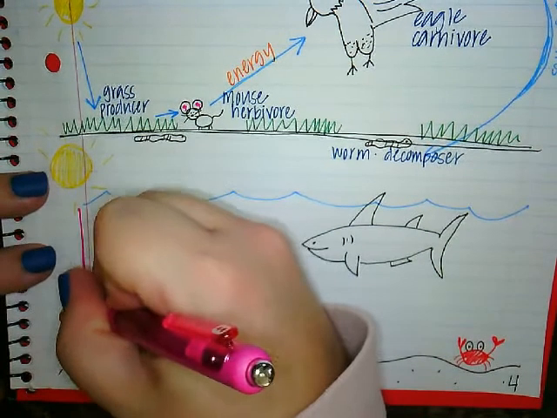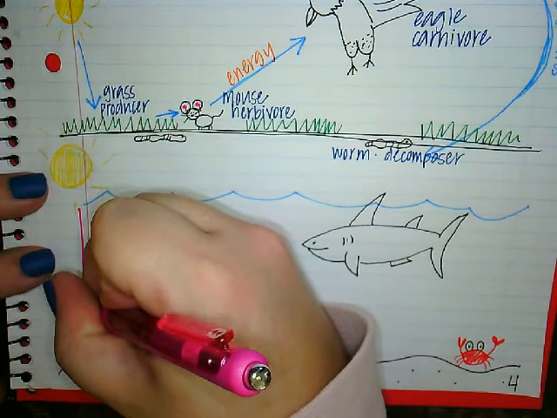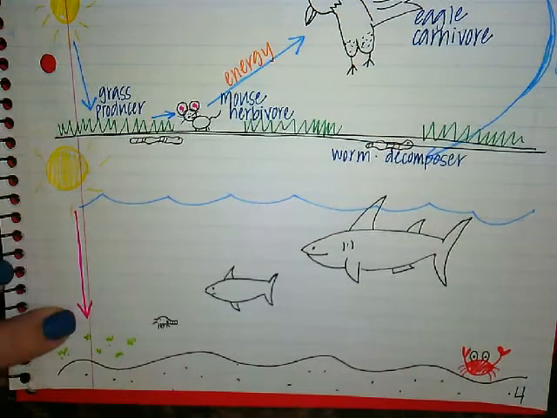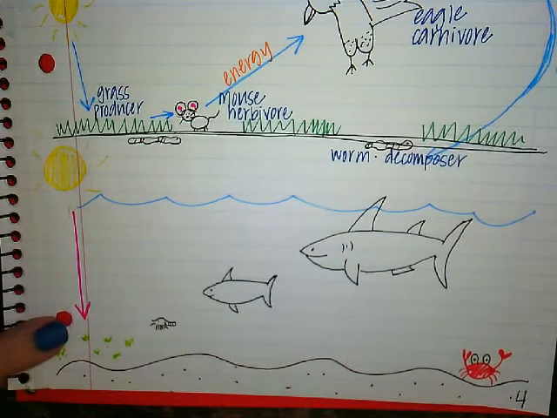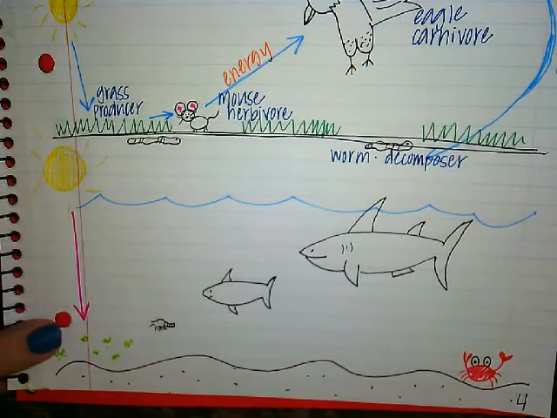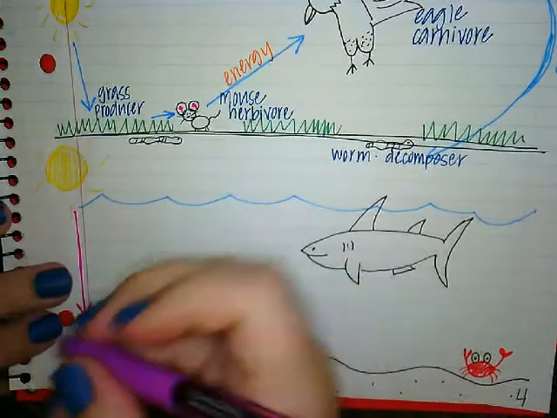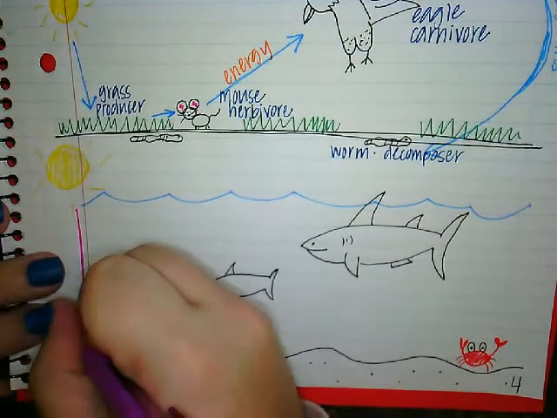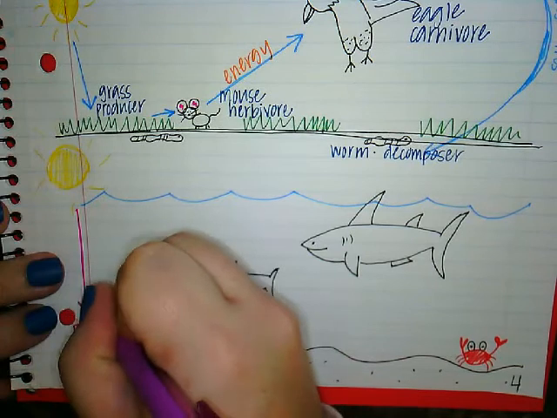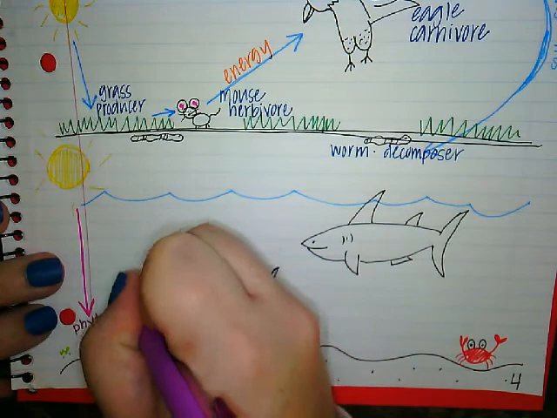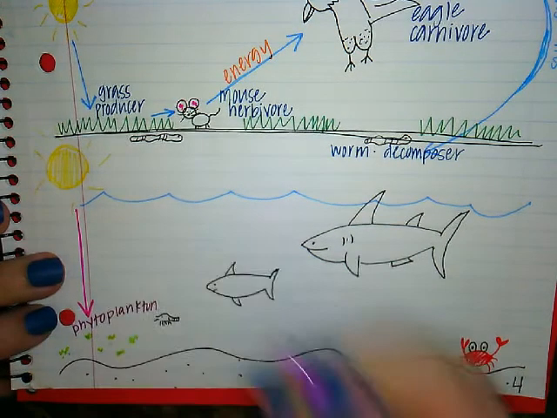All right, so first step, the sun is going to give its energy to our phytoplankton. Phytoplankton are right here. We're going to go ahead and label that phytoplankton. This is a long word, y'all.